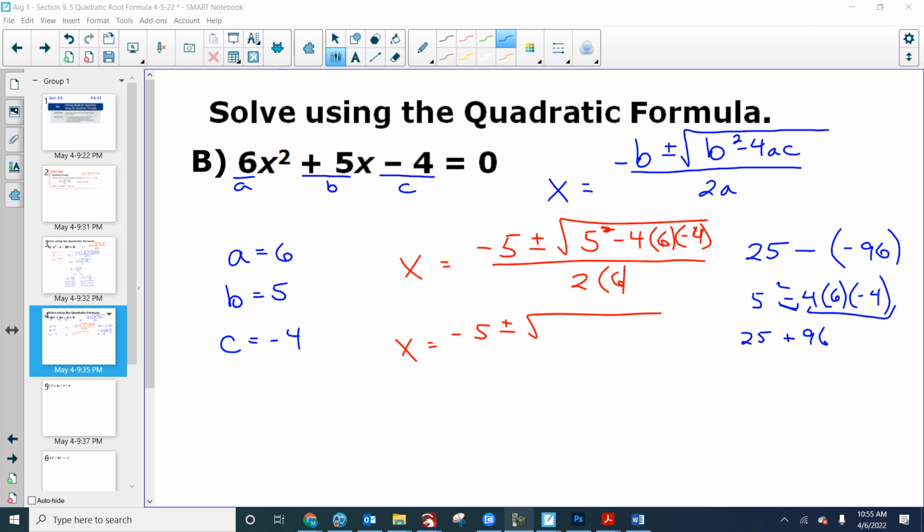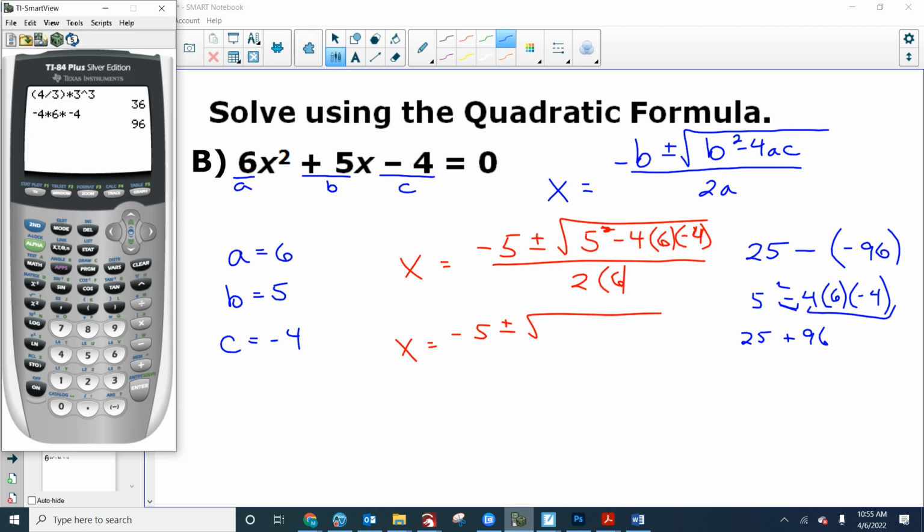So if you do 5 squared minus parentheses 4 times 6 times -4, what do you get?